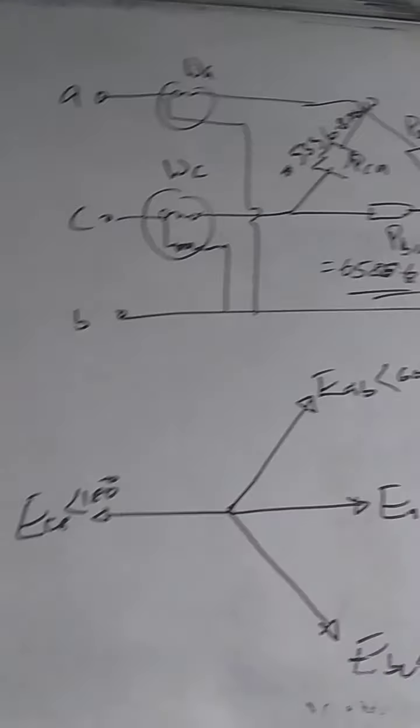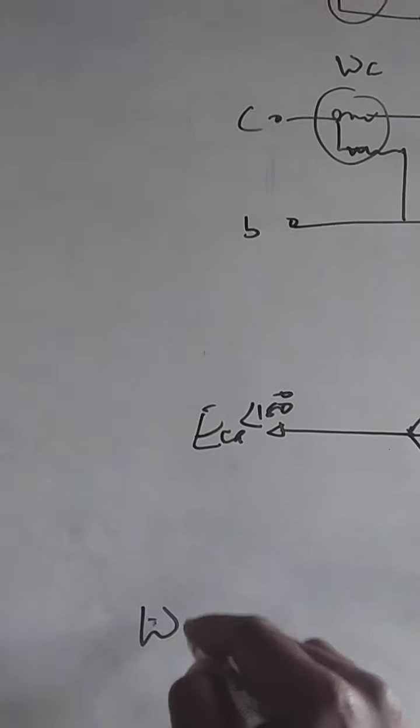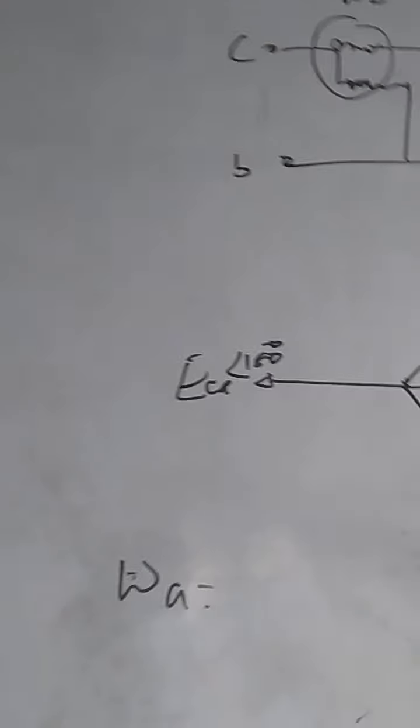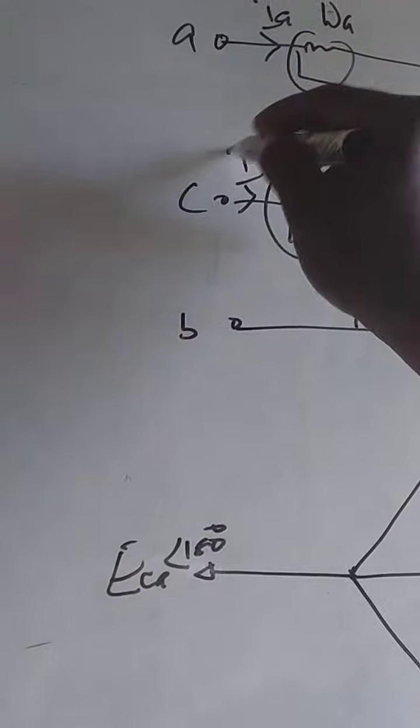So now we need to find the power measured by WA. To be able to measure power in WA, we need to know our IA, the current flowing in that wattmeter, and we need to know IC.